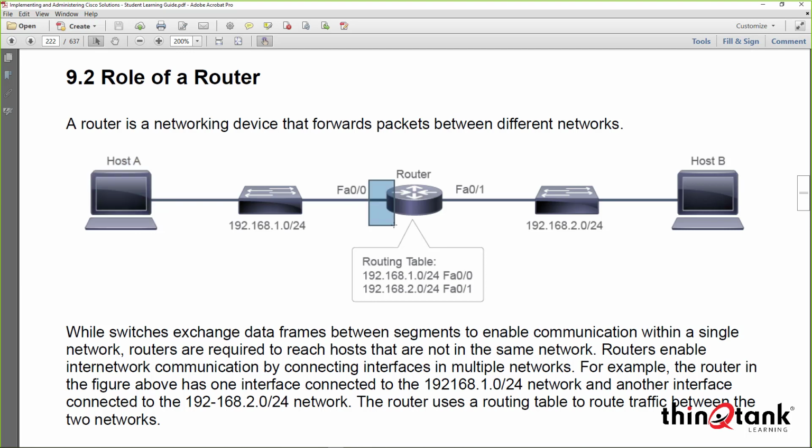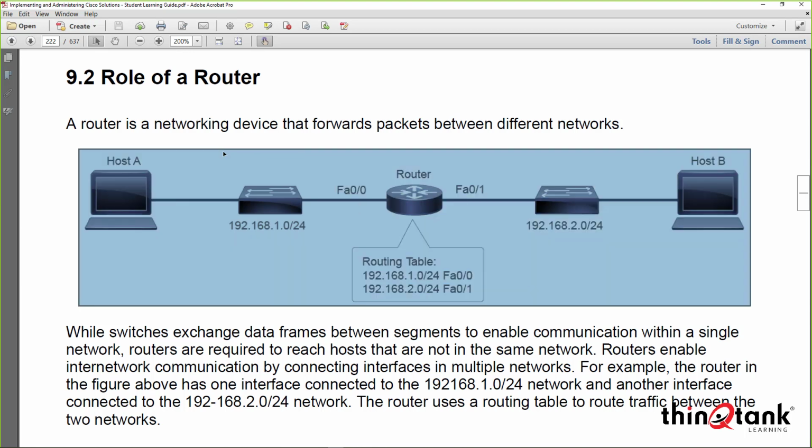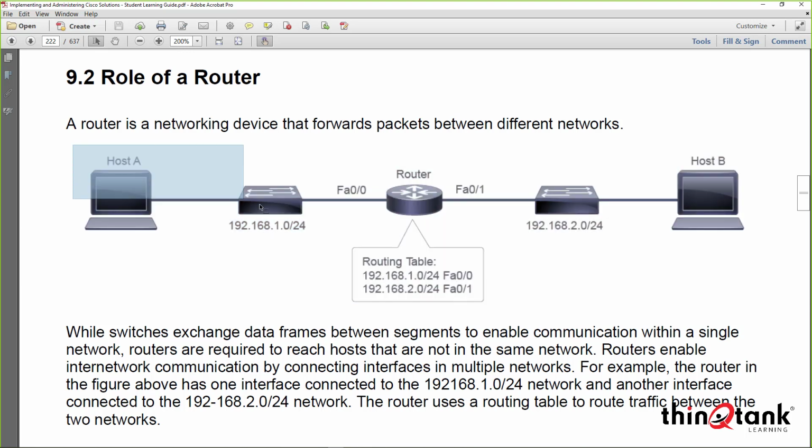Because again, routers operate at layer 3 of the OSI model. Frames are layer 2. Switches use frames to make forwarding decisions. So the only importance of that frame is to get the data over the local LAN to the router. So the source MAC is A, the destination MAC address is going to be the router.